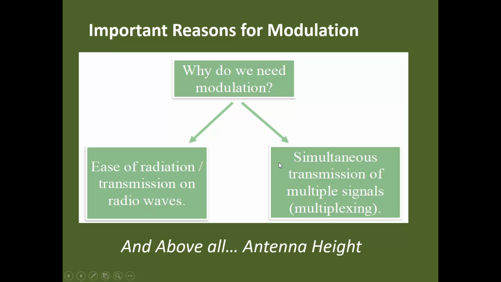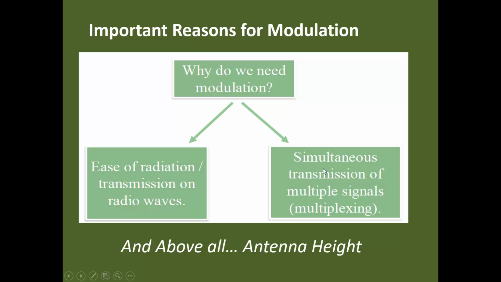Right. Now, the important reasons for modulation are, one, the ease of transmission on radio waves. I have already explained how, if the channel is offering a bandwidth in a certain range, you can translate the baseband frequencies to the bandwidth of the channel.